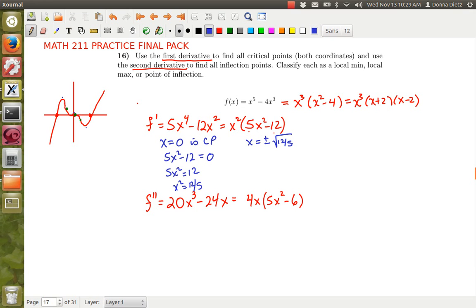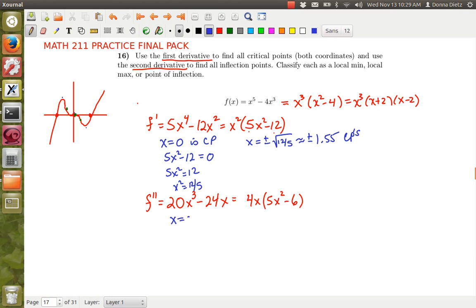Okay. And if you calculate that, that's approximately plus or minus 1.55, let's just say. So those are going to be critical points. And it says use the second derivative, classify each. So we'll classify later. Let's just find all these guys first.